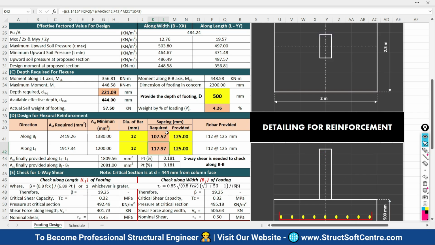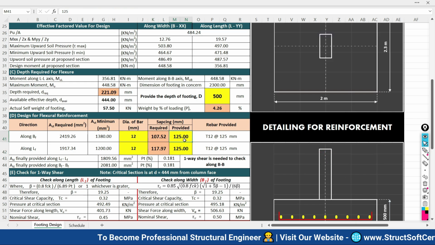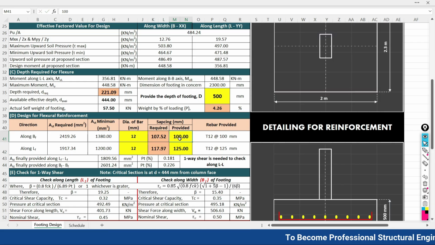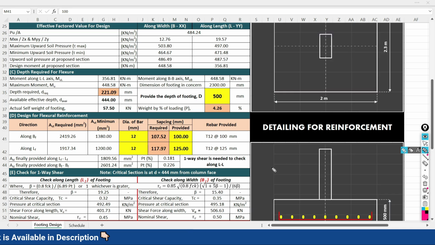Whatever the spacing is in demand, you cannot provide more than that. Always you have to provide the spacing less than that. So take the lower value by a rounding factor of 25 mm, because 1 inch is equal to 25 mm.